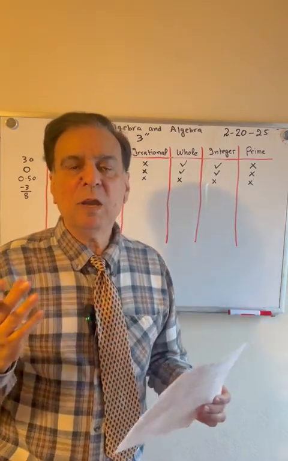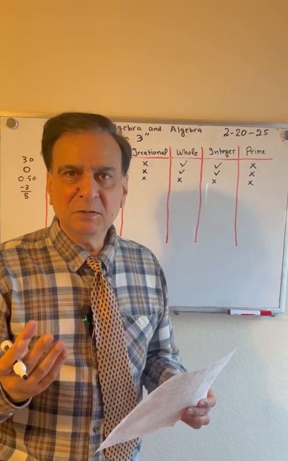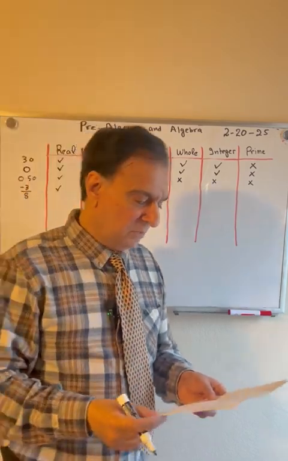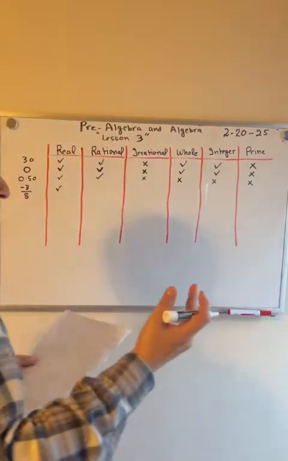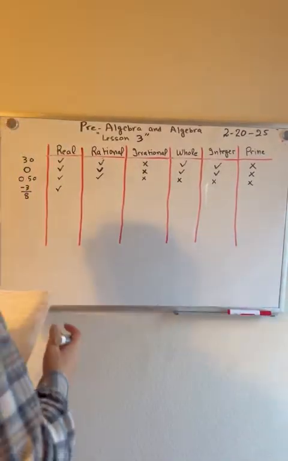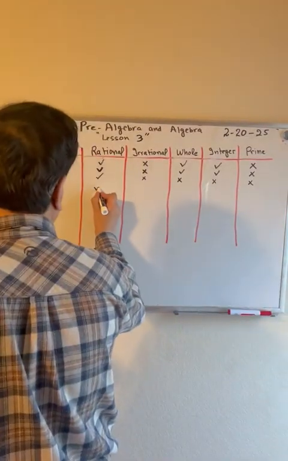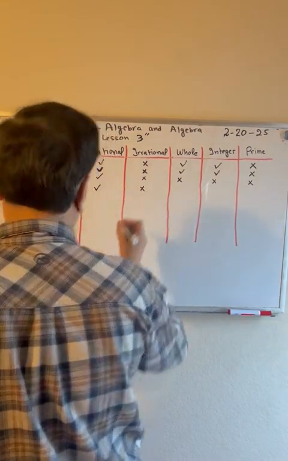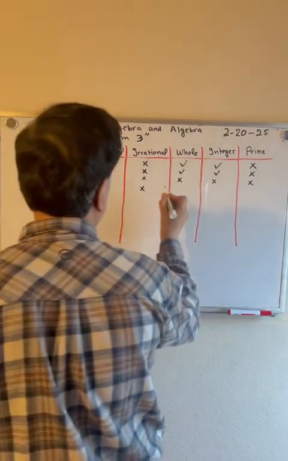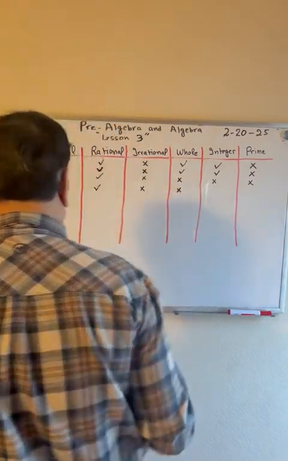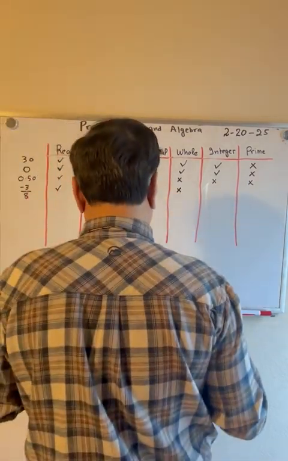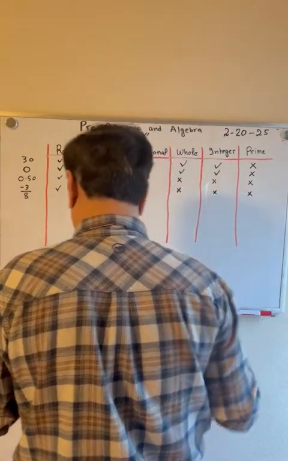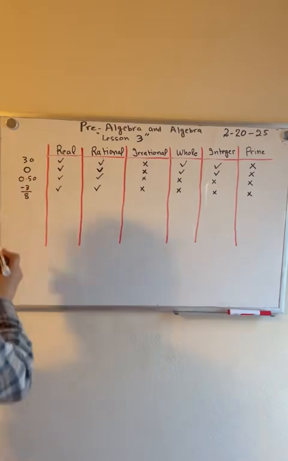If you have a negative balance in your bank, they're going to say you have a negative $100 balance, so it touches the real world. Is it rational? Yes, it is a rational number. Is it irrational? No, it's not irrational. Is it a whole number? Of course not. Is it an integer? No, it's not. Is it a prime number? Nope, it's not.